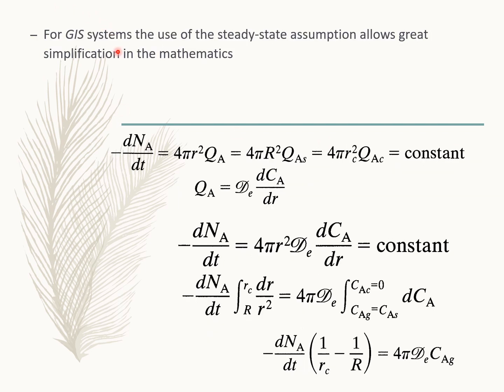I told you we were dealing with a gas-solid system. The reason behind that is in order to simplify the mathematics. Because we can make the assumption of the steady state, and in reality it's a pseudo-steady state assumption, because in a gas-solid system the shrinking rate of the core is much slower than that of the diffusion of A through the ash layer.